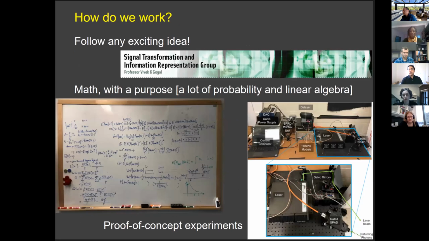So the way we work fundamentally is we just follow whatever we think are exciting ideas. I didn't start working in computational imaging in grad school or at Bell Labs or in my first startup. I worked on information representation, but that eventually drew me to computational imaging because I found that the central ideas of efficient representation of information could lead to innovations in computational imaging.